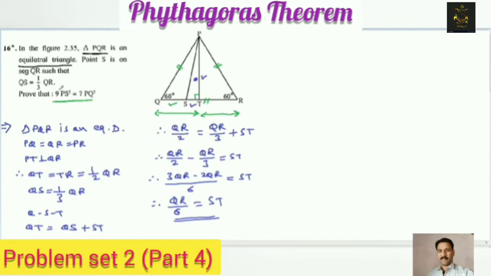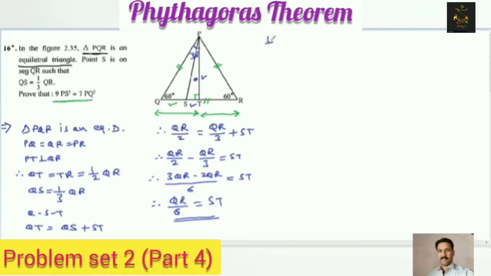So we'll find PT first in triangle PTQ. See here, this angle is 90, this is 60, so this particular angle we can find as 30. Why? Because in that triangle it is the remaining angle.